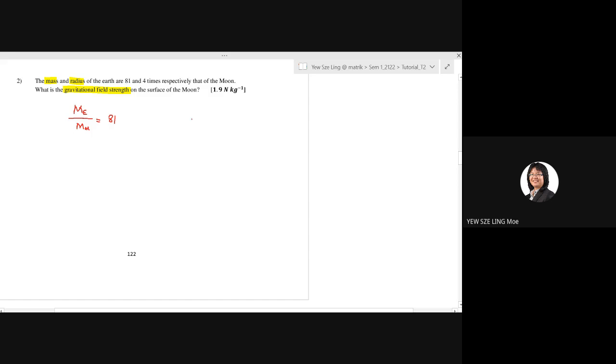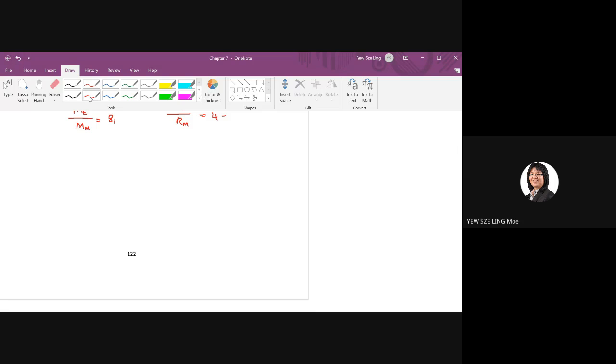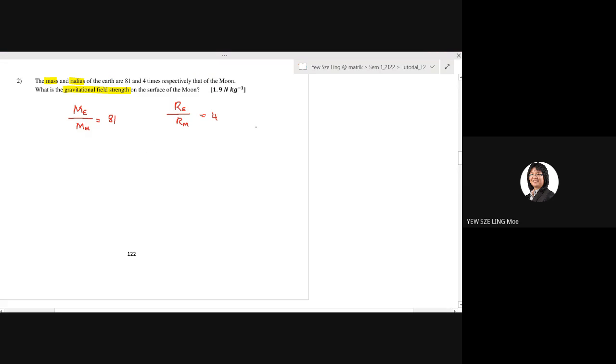That is the first piece of information. The second one is the radius, where RE over RM equals 4.